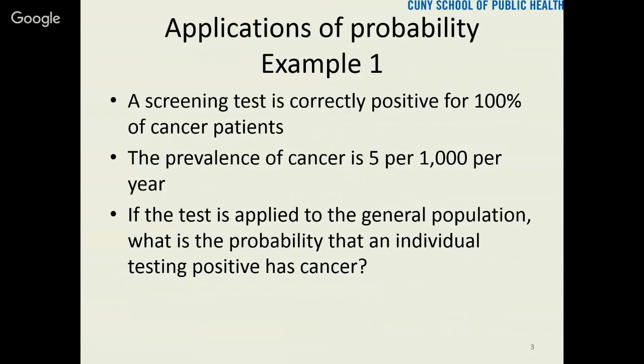Would it just be 5 over 1,000? Because whoever has cancer is testing positive. I'm having a really hard time explaining it, but yeah. So 5 out of 1,000. I imagine that would be the probability of an individual in this population who tested of having cancer.